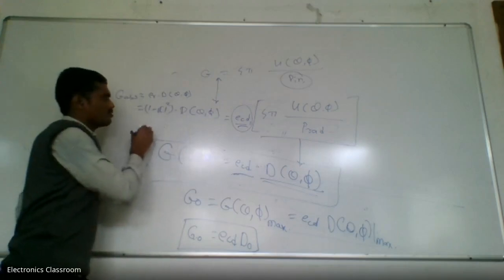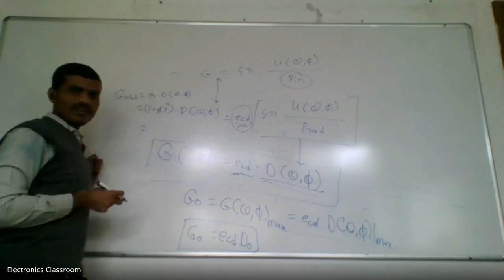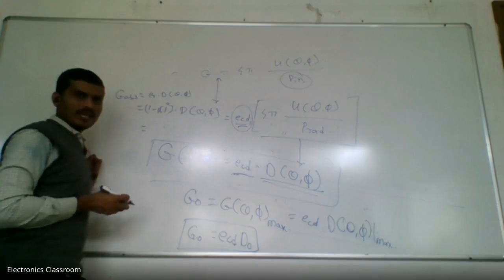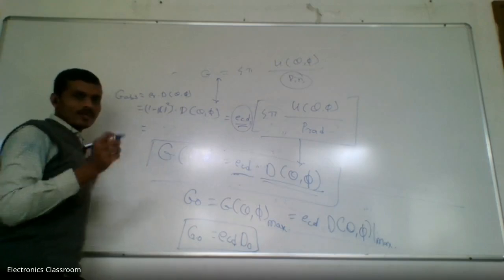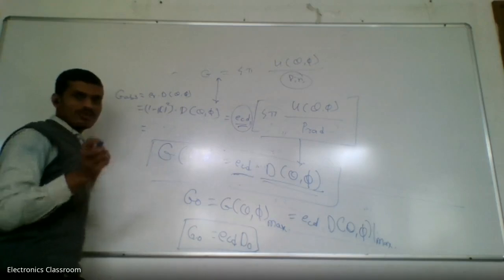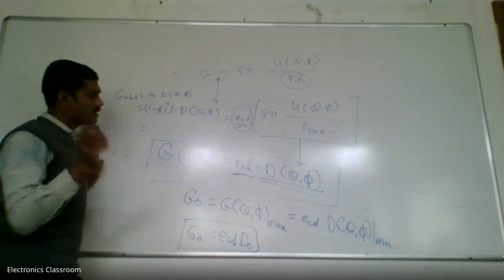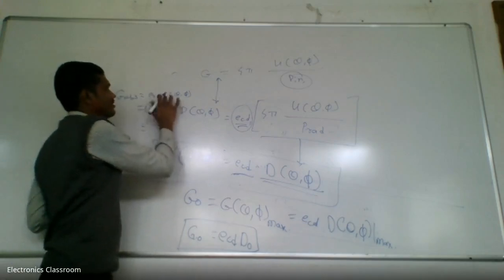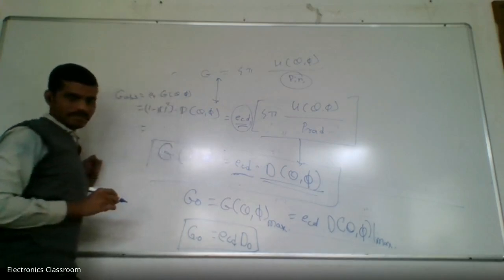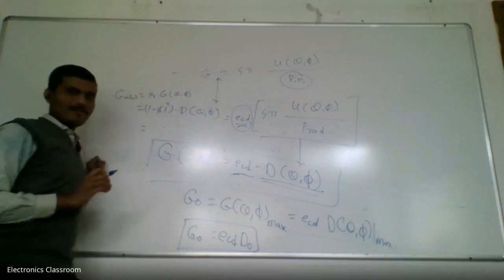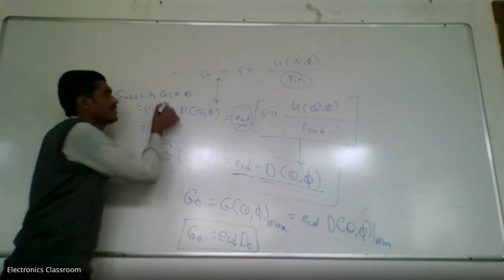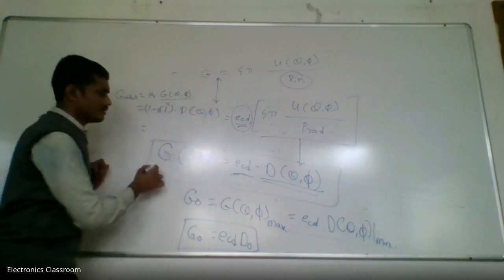Now this can also be rewritten by using 1 minus tau square into G. Sorry, instead of D there is G, not D, when we are calculating the absolute gain, but we know the G theta.